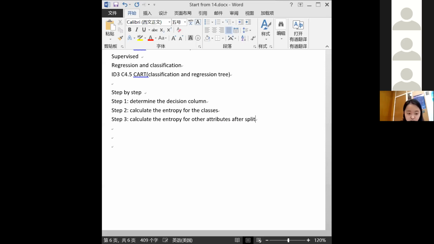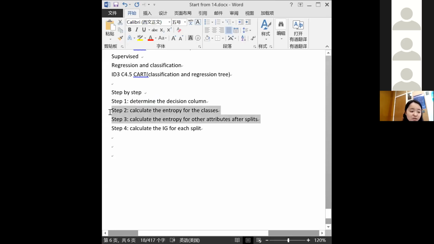And then the fourth step is to finally calculate the information gain for each split. The purpose of these two steps is to calculate the information gain for each split.